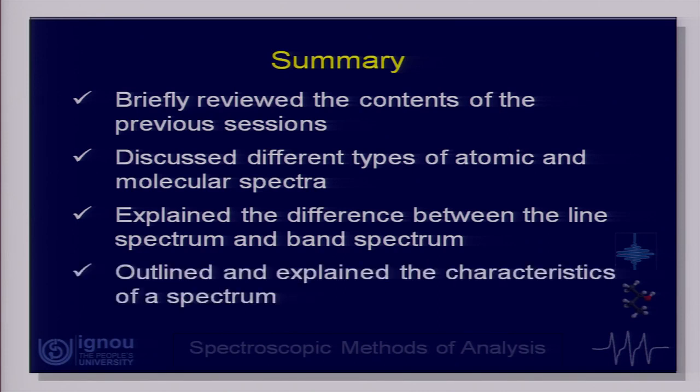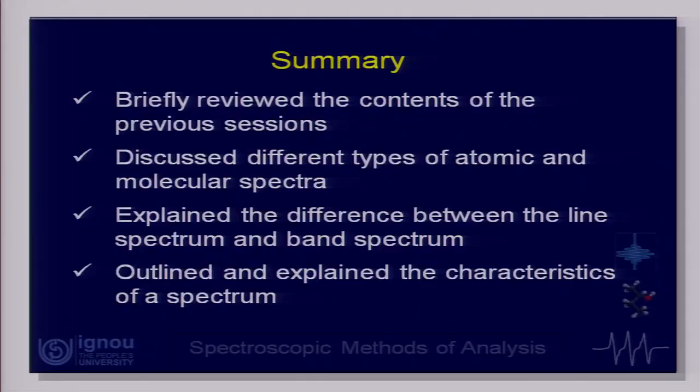Then we talked about the different characteristics of a molecular spectrum. There are three characteristics: the position, the intensity, and the width. And then we explained all these characteristics in terms of the factors which determine them.